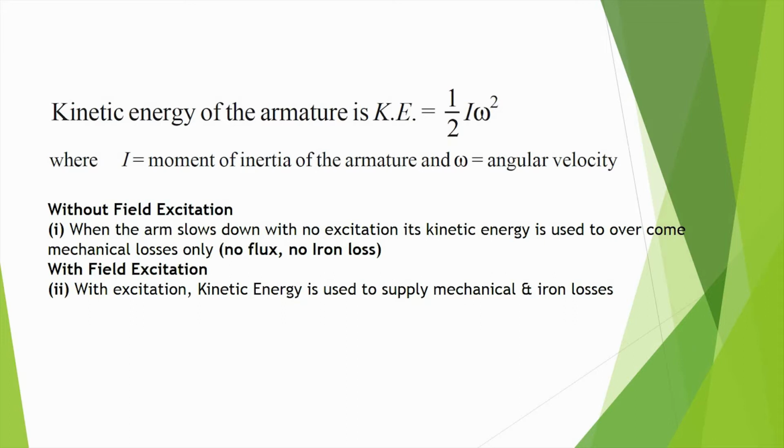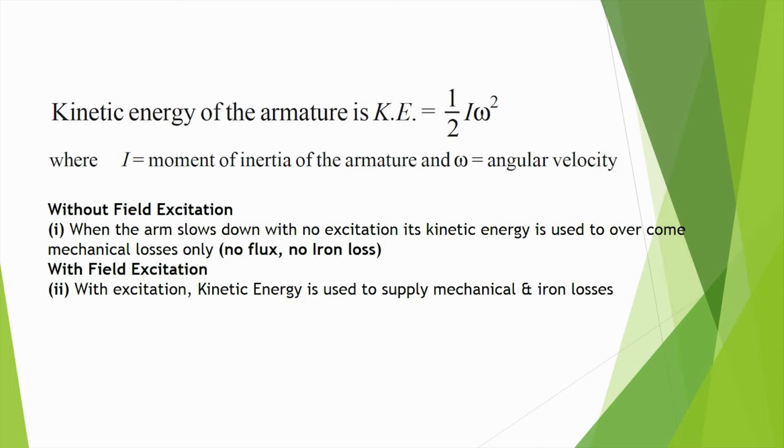In the retardation test, we cut off the supply from the motor and let it slow down to zero. In between, we note the speed at different times. Here we have two cases, without field excitation and with field excitation. If we cut off the motor from the supply without field excitation, there will be no flux and thereby no iron loss.